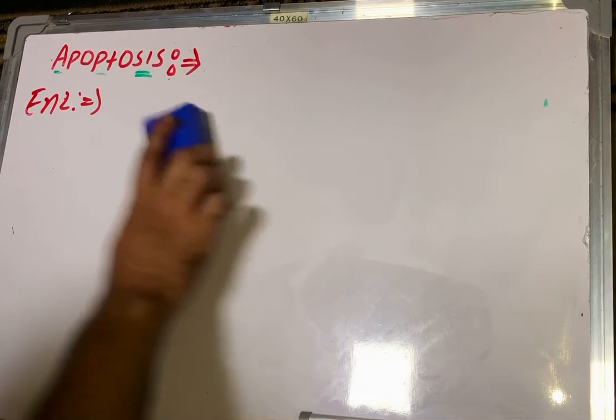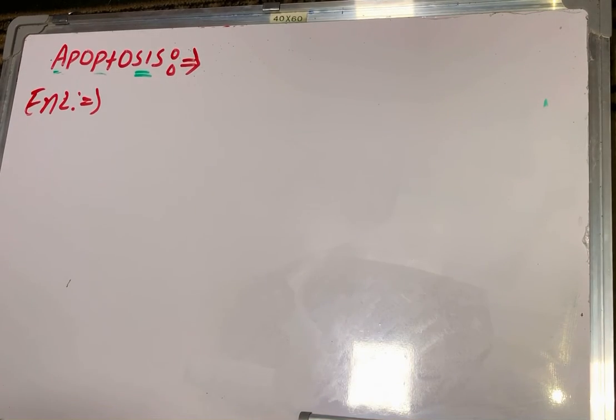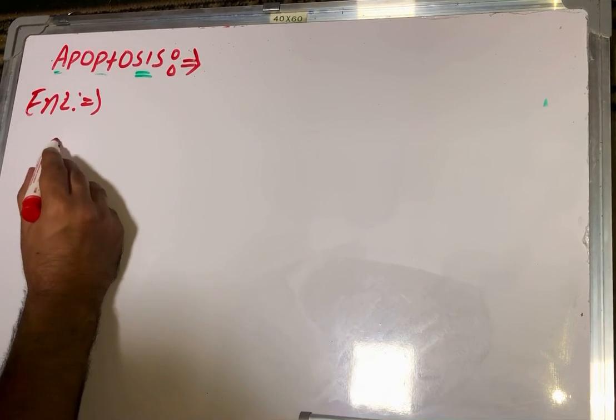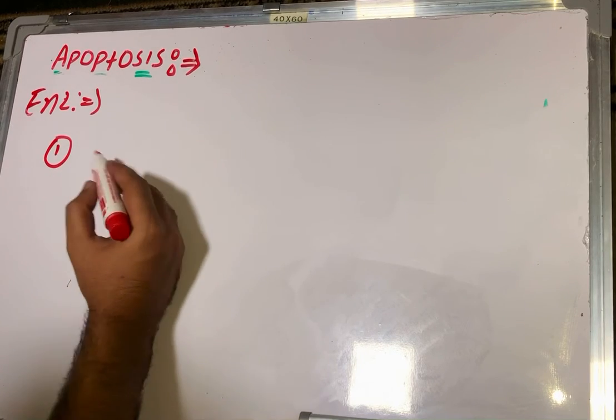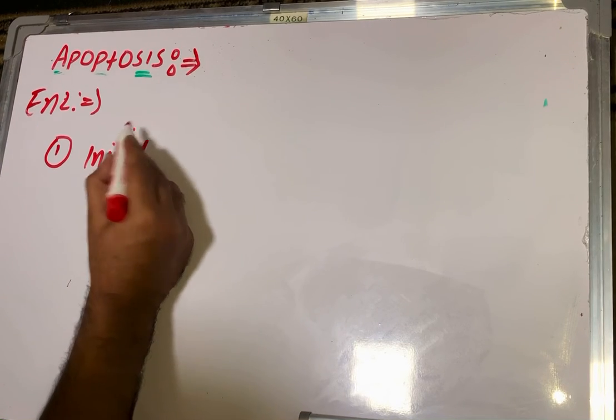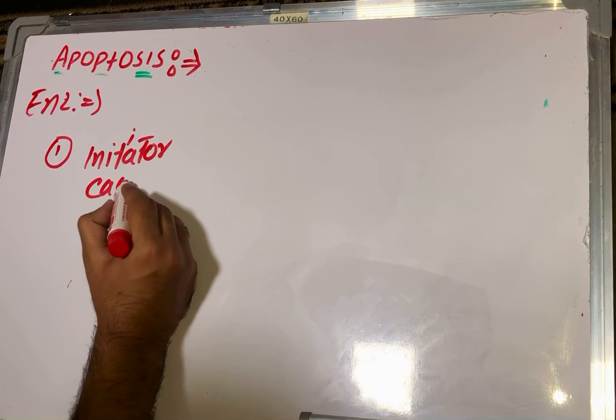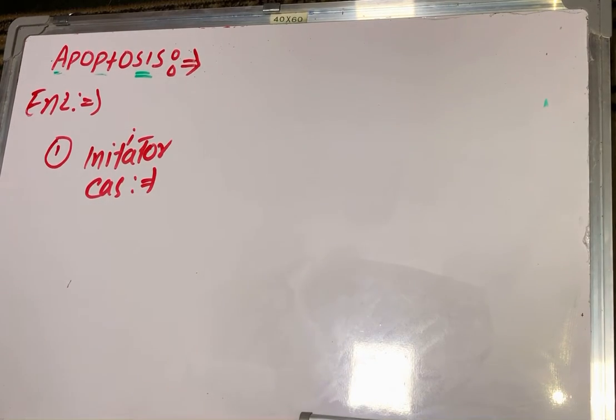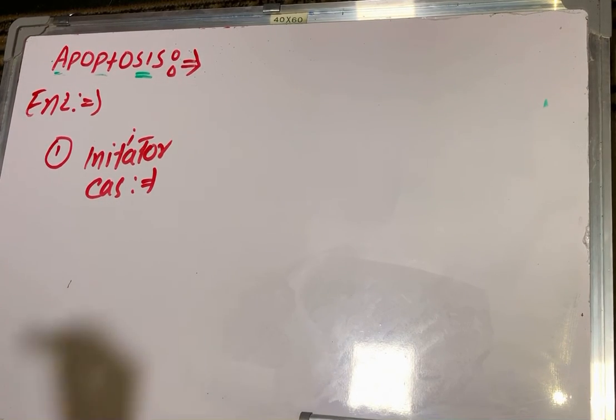Remember, caspases are of two types. Number first is initiator caspases, and number second one is executioner caspases.